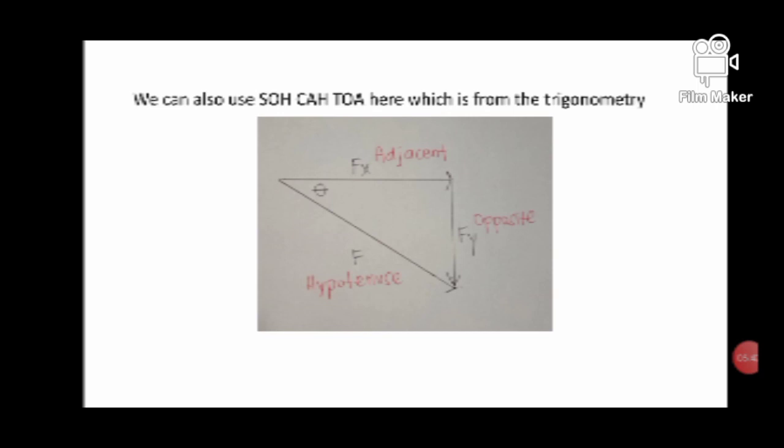We can also use SOHCAHTOA here, which is from trigonometry. The f magnitude would be the hypotenuse, the f of x would be the adjacent, and the f of y would be the opposite.